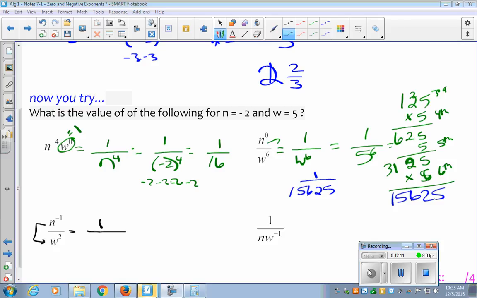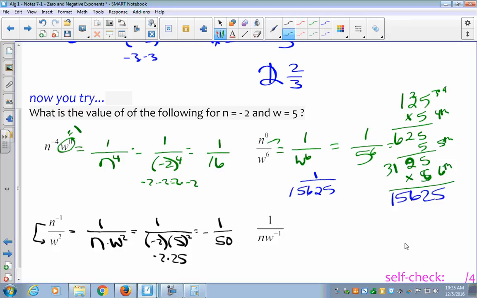It's going to be 1 over n times w squared. N is negative 2. W is 5. That is negative 2 times 25, which is negative 50. Well, this is fun.